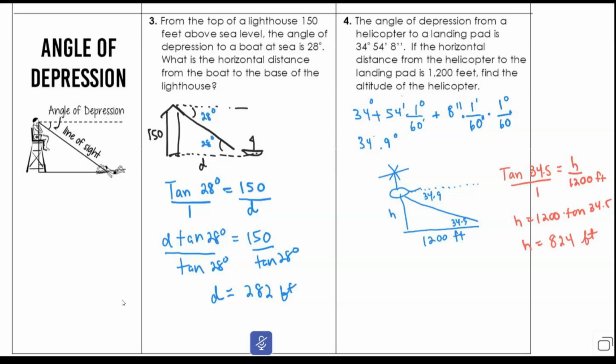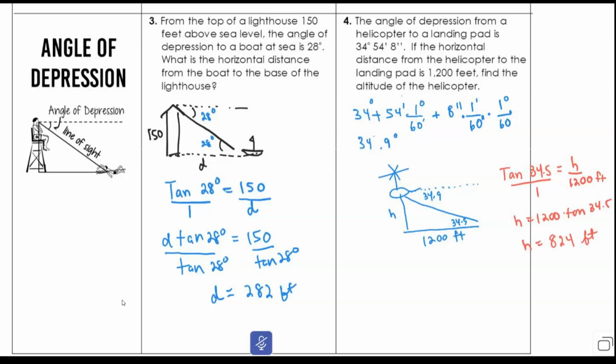Go ahead and pause and think about how to set this up. We're either going to use sine, cosine, or tangent. So in this case, we're going to use tangent. Tangent of 34.9 is equal to opposite, which is h, over the amount of feet, which is 1,200 feet. We're going to make this into a proportion. We're going to cross multiply.